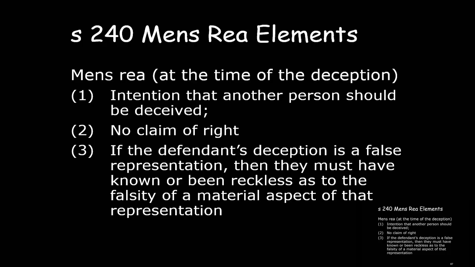Now, an honest or even unreasonable belief that the representation is true will therefore negate the deception. And what Morley has said in addition to that is that there's no need to prove that the defendant had an intention to cause the outcome.